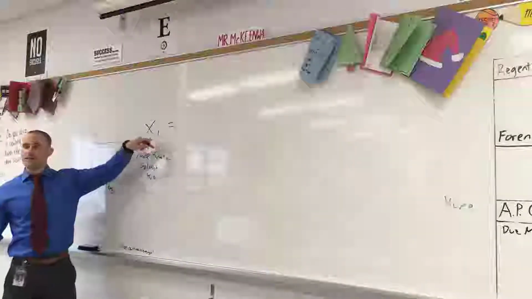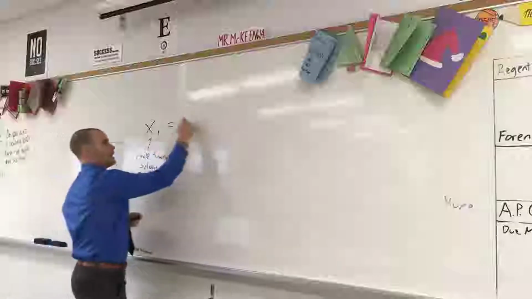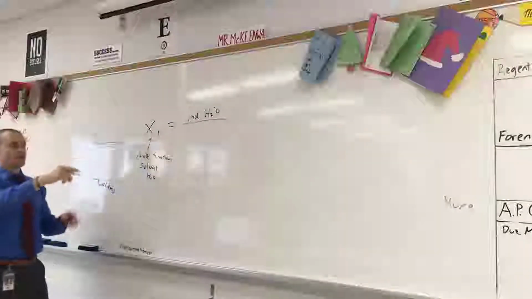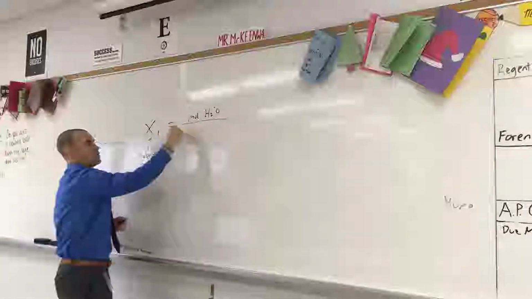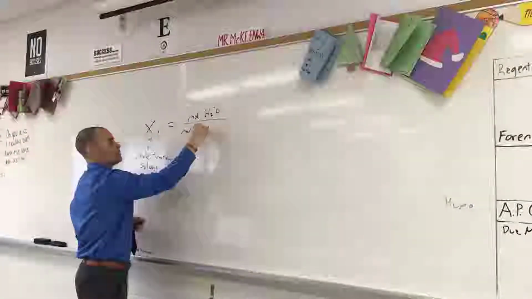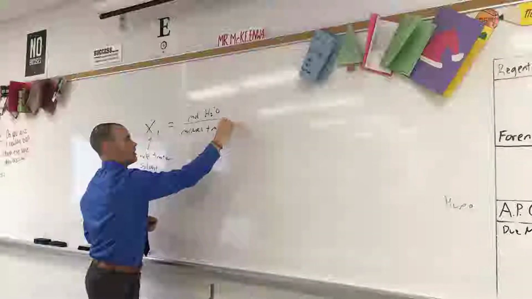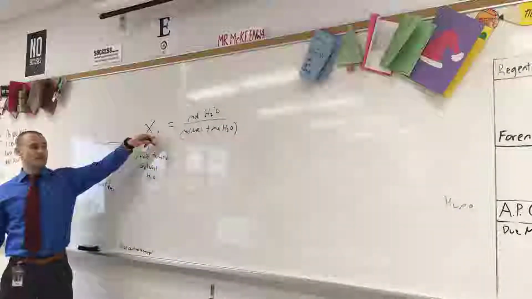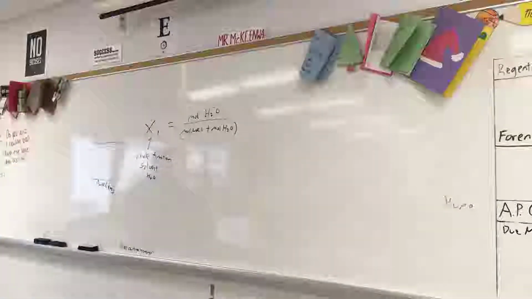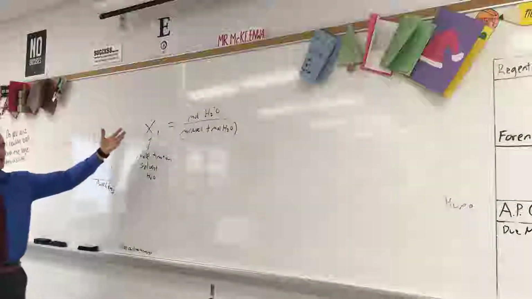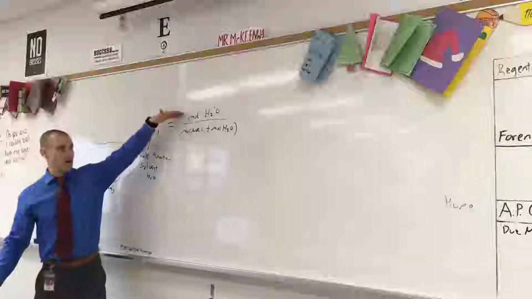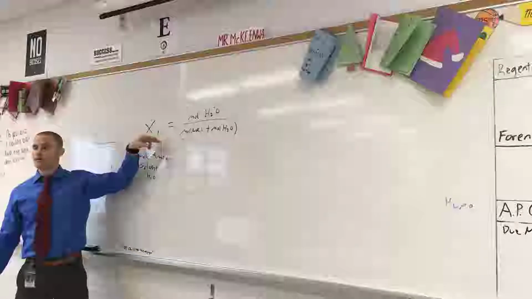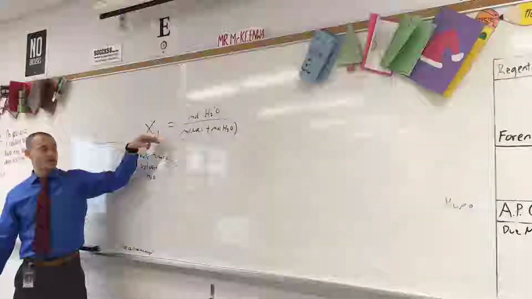The way to calculate this, if you don't know this, you need to write this down: you take the moles of H2O divided by the total moles. So that would be your moles of NaCl plus moles of H2O. So it's part over whole. That's how you get mole fraction. Essentially, it's the same concept as percent composition, except there's no percent. You don't multiply it by 100. It's part over whole, and then you get a decimal, and that's going to be X, or mole fraction.